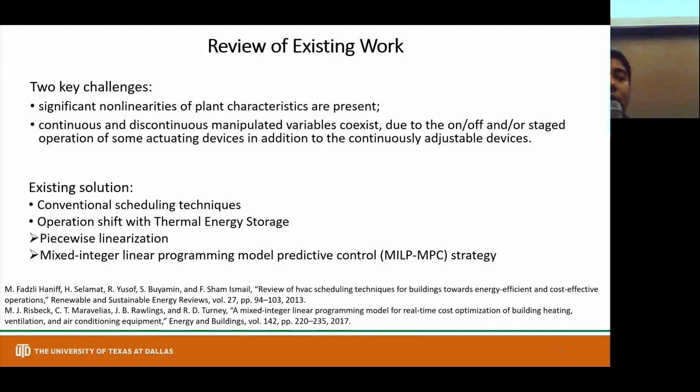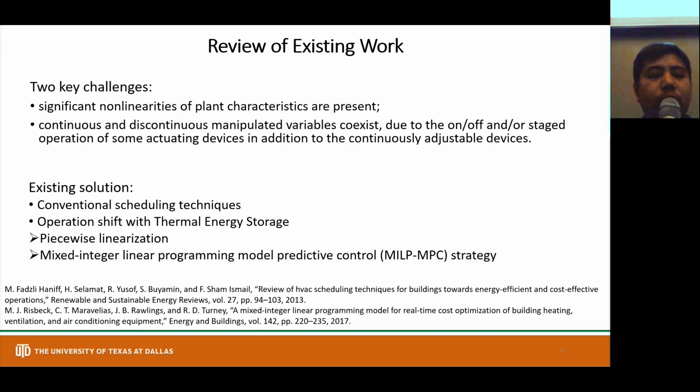First, if we want to optimize the chiller operation, the significant nonlinearity is the big issue. On the other hand, there are continuous and discontinuous issues due to on-off or mode switching. Some existing solutions include conventional scheduling techniques and load shifting with thermal energy storage.